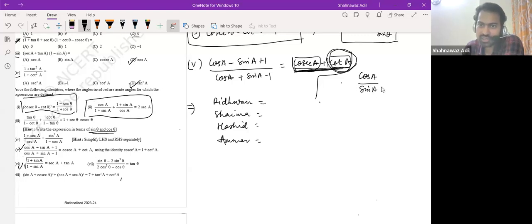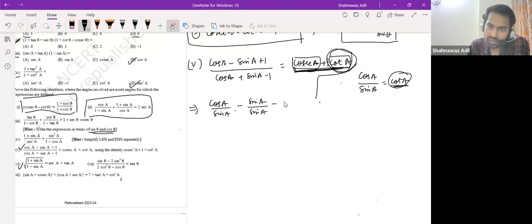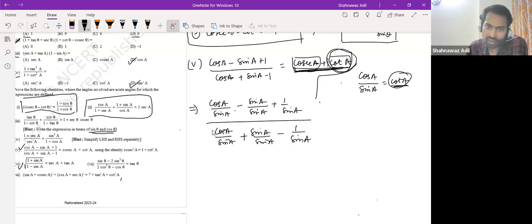Then cos A by sin A will change to cot A. If I am dividing this with sin A, then I have to divide all the terms by sin A. So this is by sin A, this is by sin A, this is by sin A, this is by sin A, and again sin A minus 1 by sin A. What is the benefit of this division?